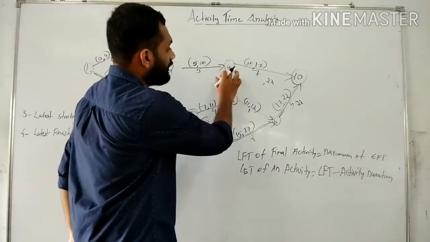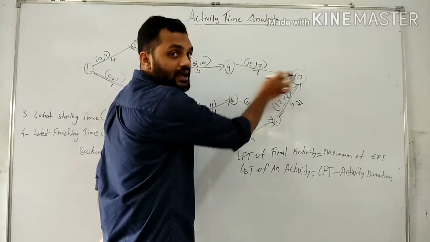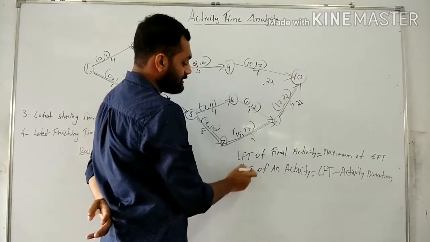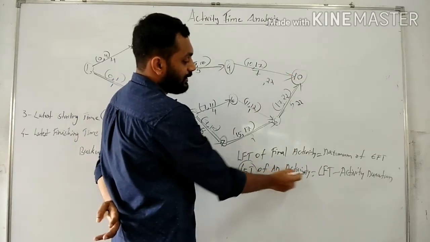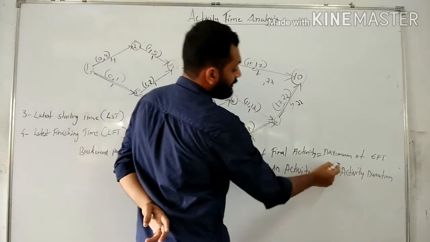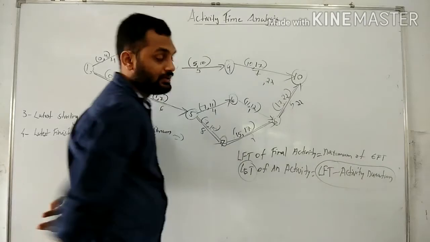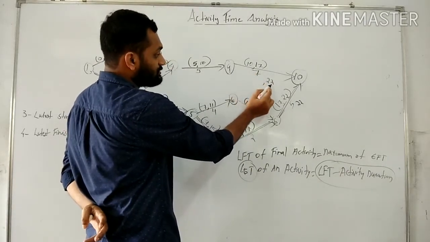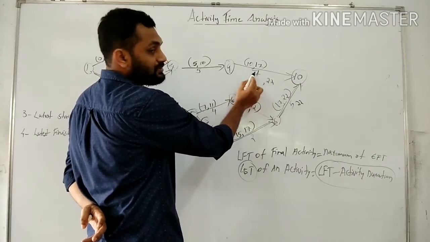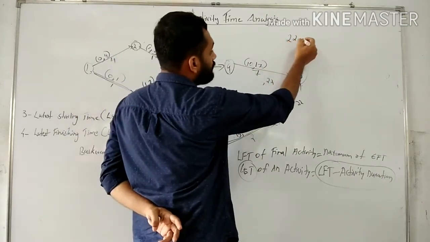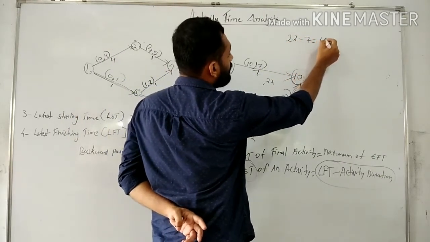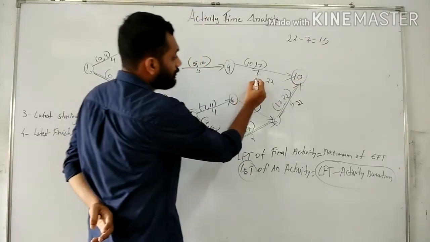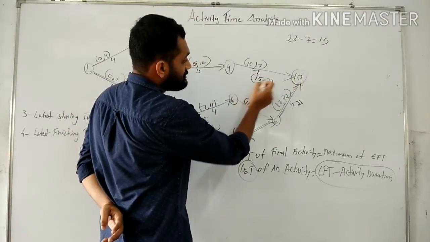So for activity 9 to 10, the LST is the LFT minus the activity duration, that is 22 minus 7, that is 15 days. 15 is the LST.